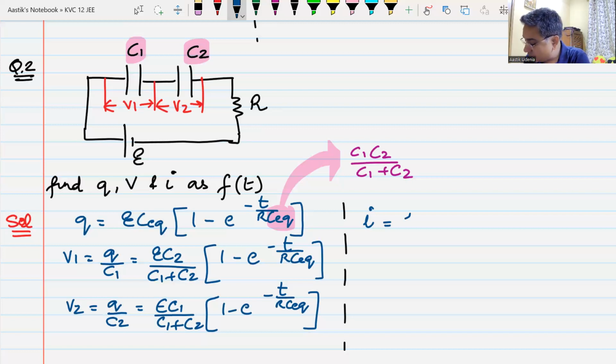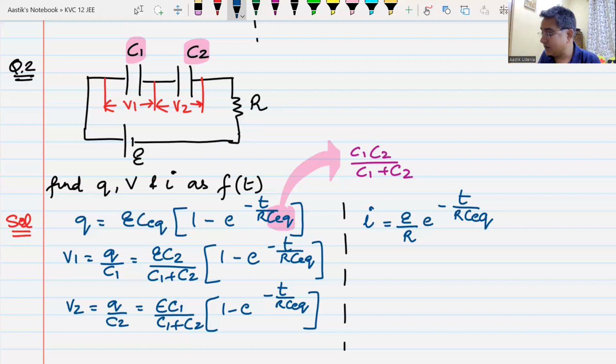Okay, so it will be equal to E by R e to the power minus t by R into C equivalent. The only thing that has changed from the previous circuit is that instead of C1 and C2, we have put C equivalent. So Q and I we get in this fashion. To find the value of V1 and V2, we divide Q by C1 and we divide Q by C2.